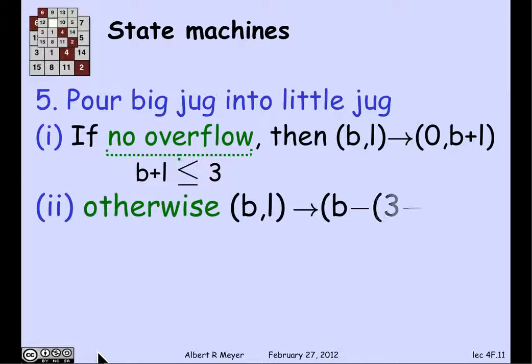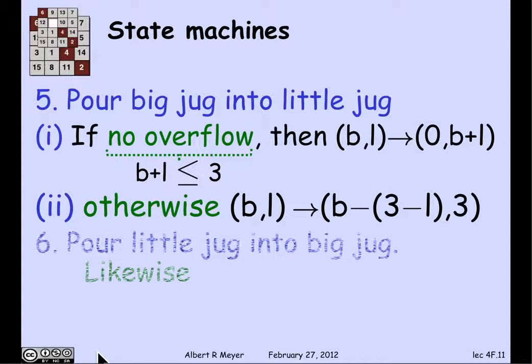All right. What's the other case of pouring the big jug into the little jug? Well, that's when B plus L won't fit, in which case you pour into the little jug. It's got L, so you pour in 3 minus L to fill it up, and then what's left in B is B minus the 3 minus L that you poured. So that's the otherwise case when there is overflow.